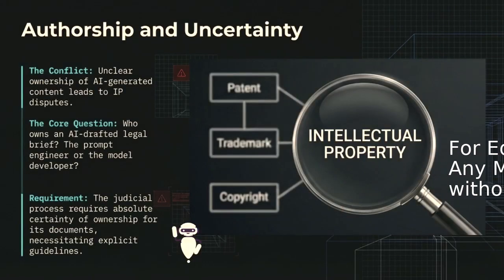Another interesting concern is intellectual property, or IP. If we use generative AI to draft a document, who is the owner of that document? The one who drafted it, the developer of the AI, or who is the owner?